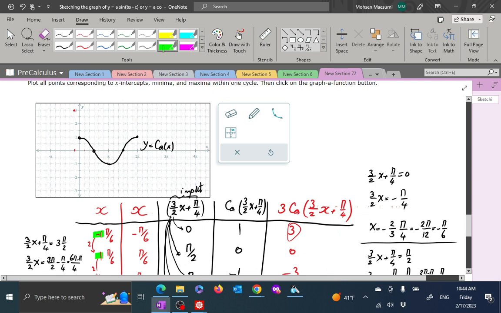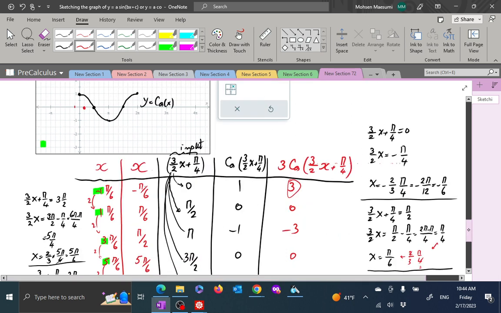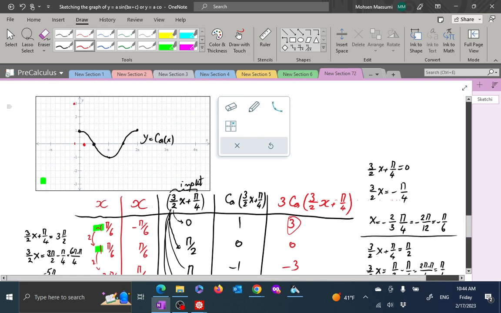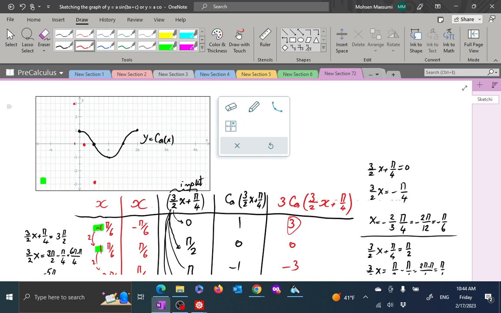So 1 block was, of course, this is just 1 block. So next I have pi 6 and 0. So at pi 6, I'm here. So 2 blocks over. Now 3 pi 6, of course, we recognize that's pi over 2. That is where the negative 1 is going to happen.